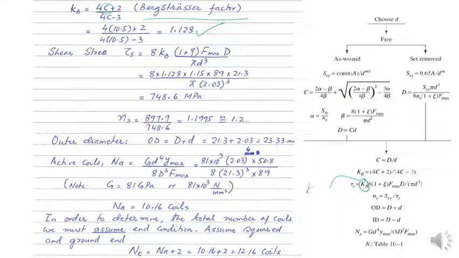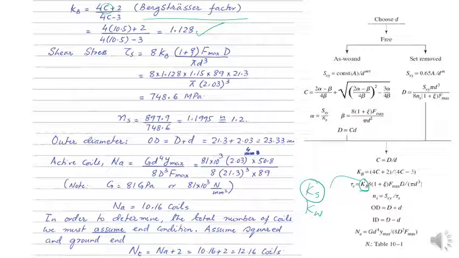I can use Ks, which is called the shear correction factor. I can use Kw, which is the wall factor. In this problem, I'm using this. You can use any of the three, and it depends on the experience of the designer what correction factor he uses. But in the next problem, I'm going to use the Ks, and you will notice it.